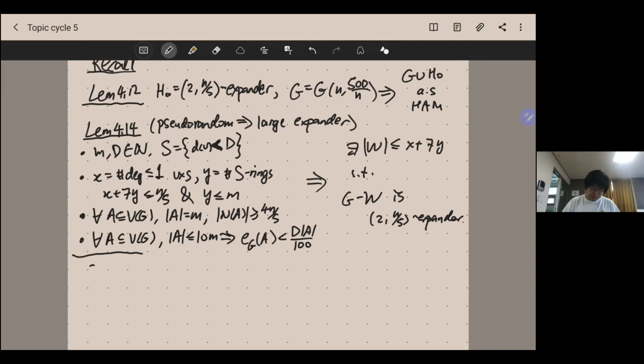So first is long cycle and Hamiltonicity, part 1.